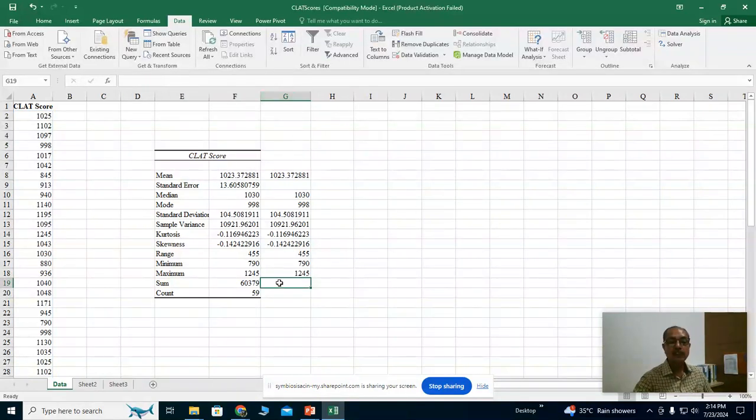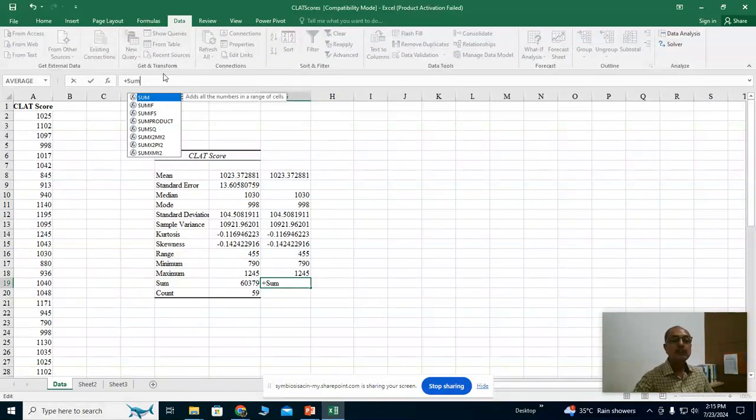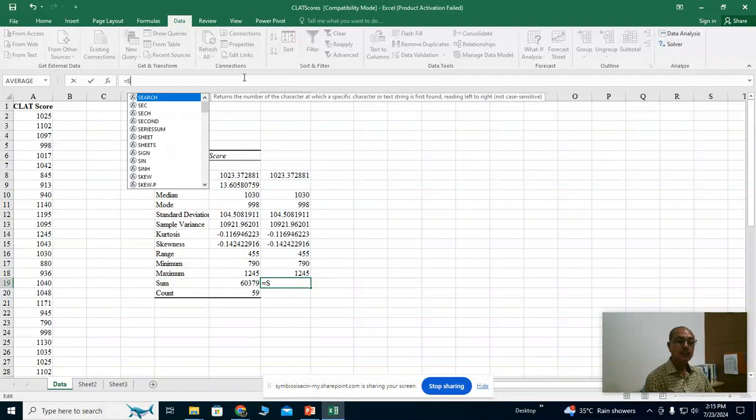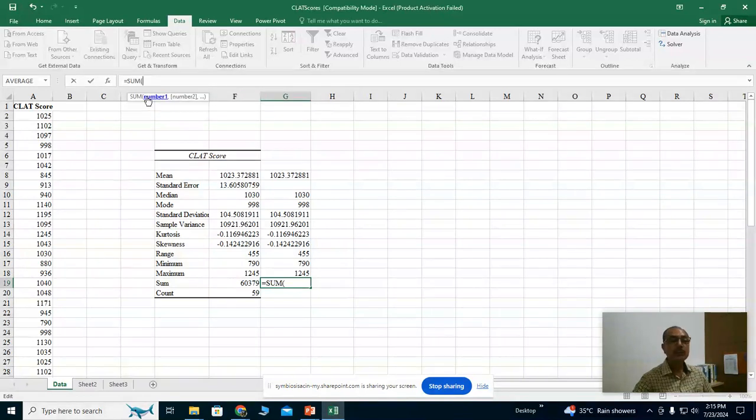Now if you want to take the sum of that, that is also possible. Put the equal sign first, then sum, and provide the data, A2 to A60.